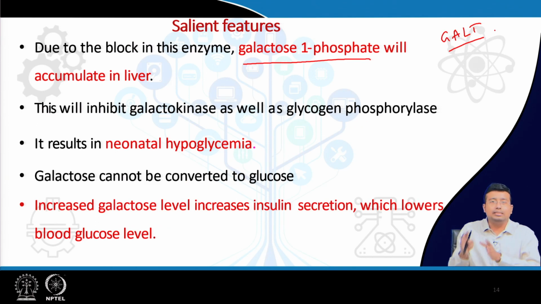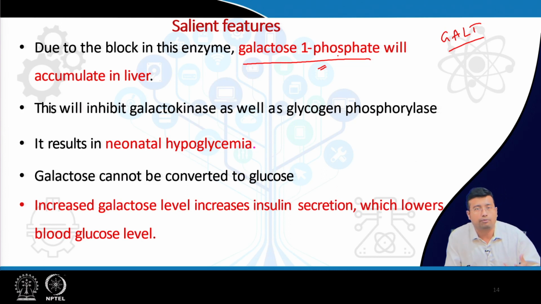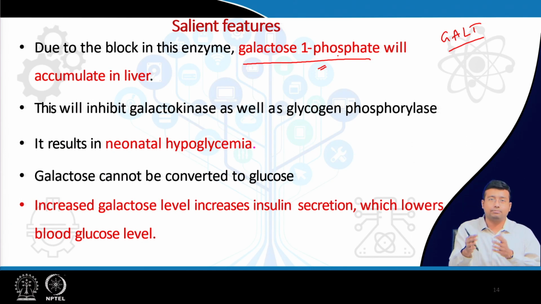So, if GALT cannot act on galactose 1 phosphate, there will be accumulation of galactose 1 phosphate, because galactokinase is one way. Once galactose 1 phosphate is formed, it cannot be converted back to galactose. After 4 to 5 years, as I discussed, there is a minor enzyme, galactose 1 phosphate pyrophosphorylase, that can help in conversion of this to UDP galactose.